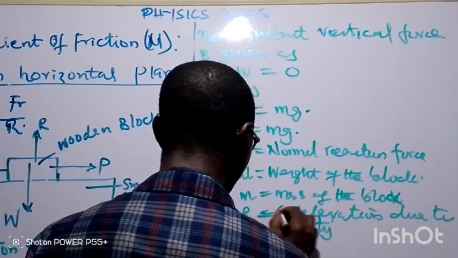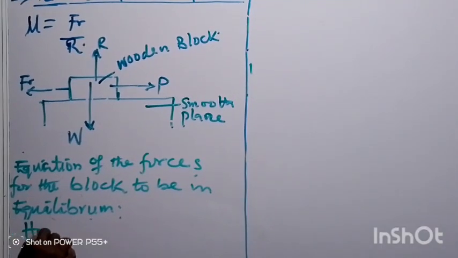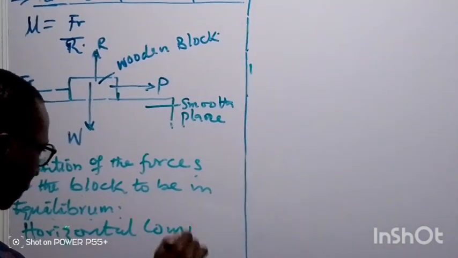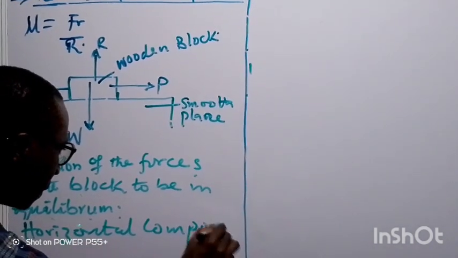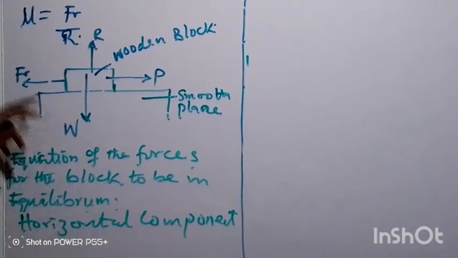Acceleration due to gravity. Now for the horizontal component, the horizontal component forces are the applied force and the frictional force.